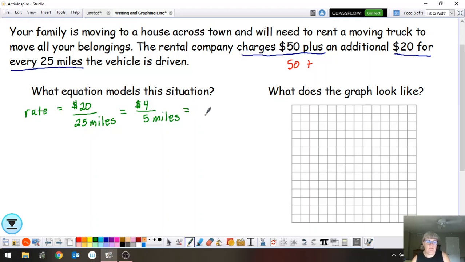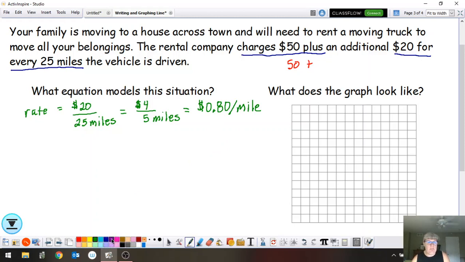If I wanted it to be per mile, I would take the $4, divide it by 5 miles, and I would end up with 80 cents per mile. So that's my rate. So we have 50 plus 80 cents per mile.